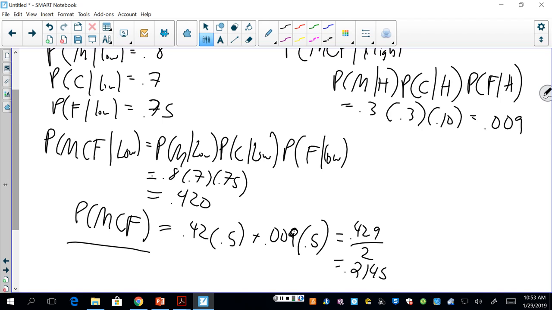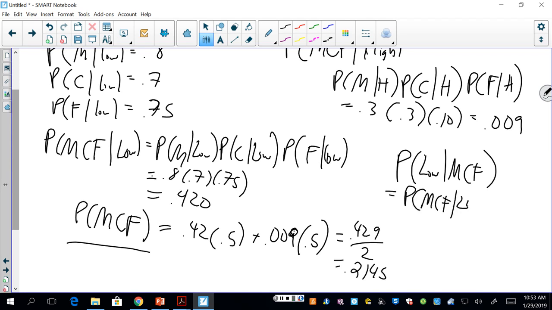So what's the probability you're in this low group, given that you have this? Well, Bayes' theorem says to reverse these things, times the probability of the low one over the probability of this category.